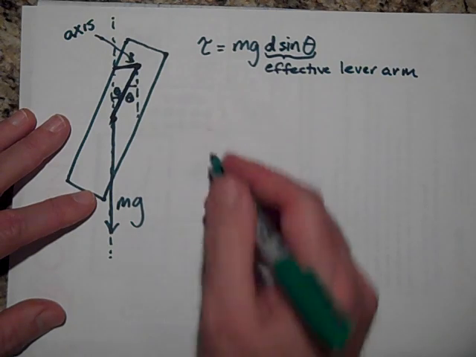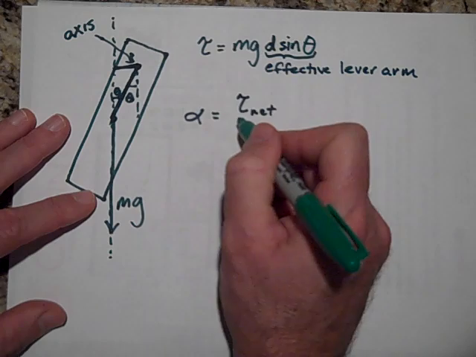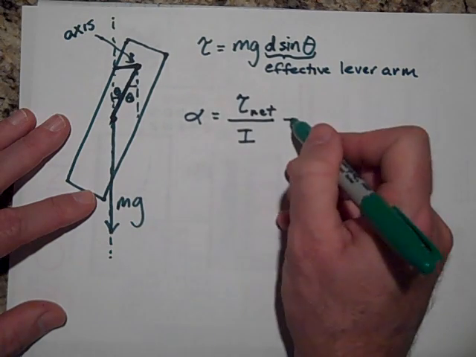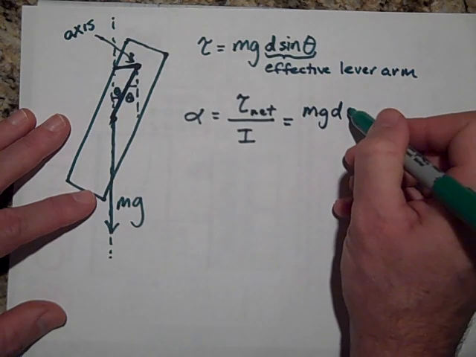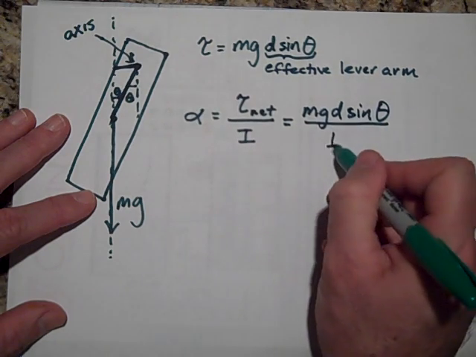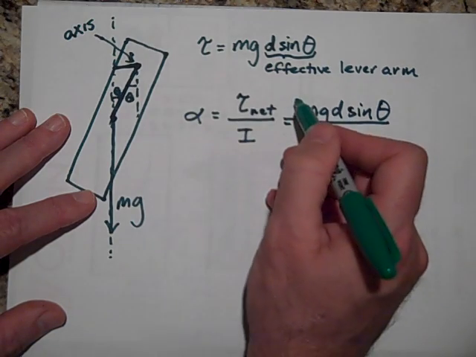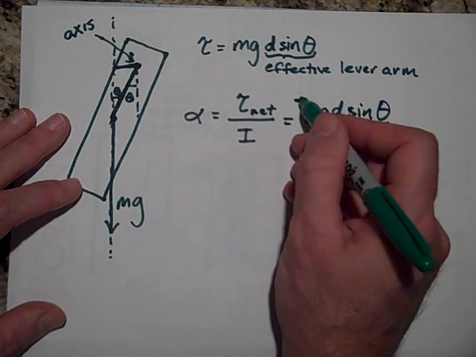Okay, so alpha is the net torque over I. So alpha is the net torque, which is mg d sine of theta, all over I. I'm going to put a negative in here, but hang on for that negative.